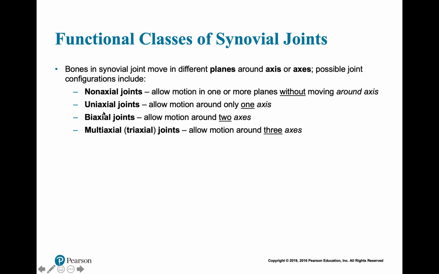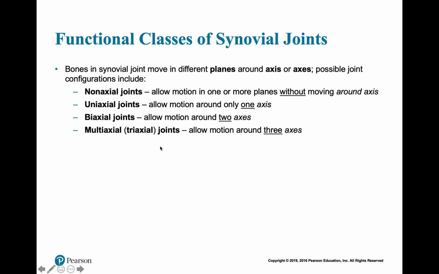Uniaxial joints are formed between bones that allow motion around one axis. So these bones move around one axis. Uni meaning one. Biaxial joints allow motion around 2 axes, increasing the number of movements allowed there.